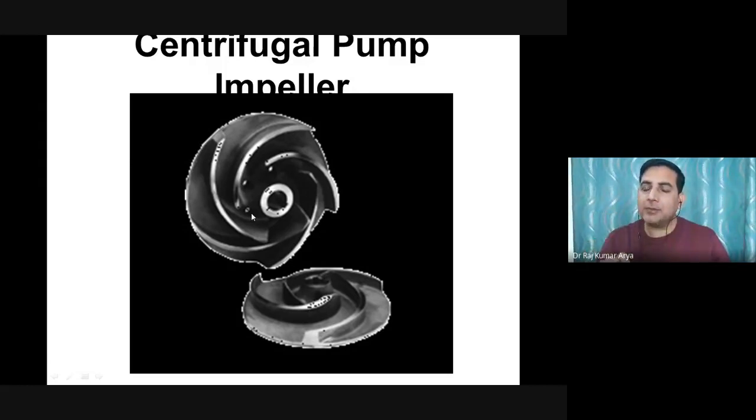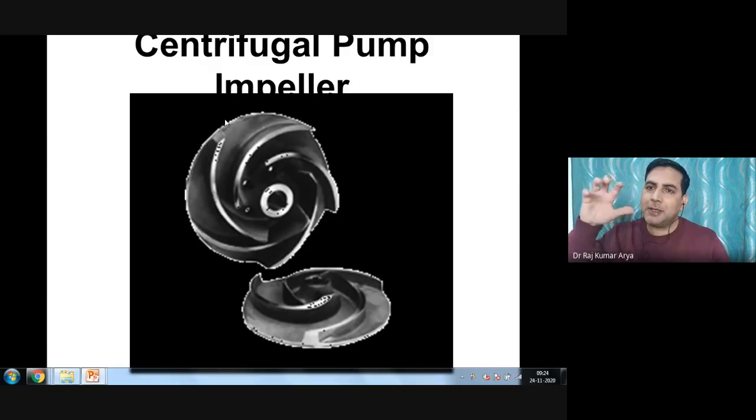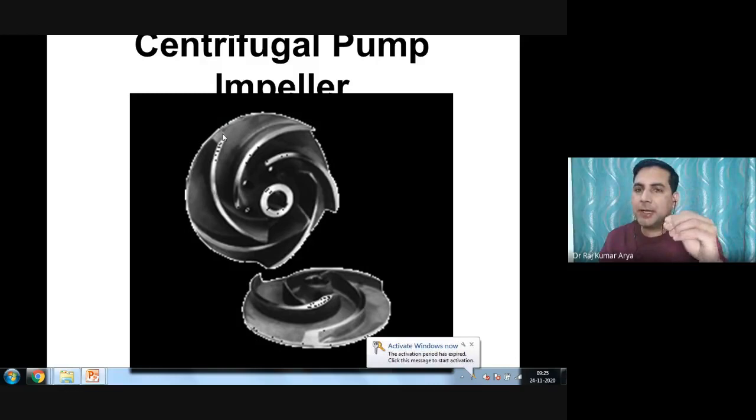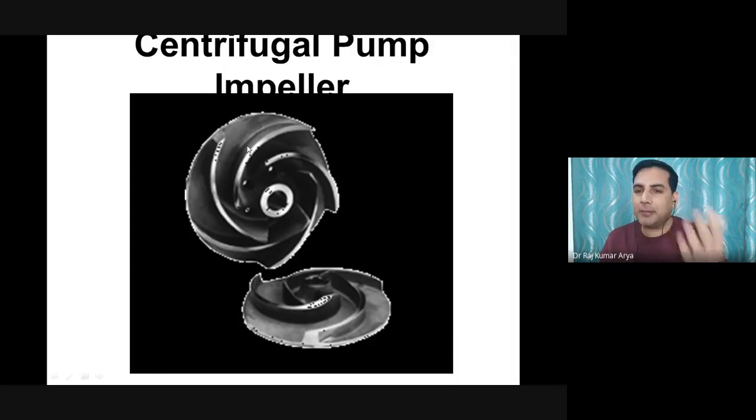Once it is converted to vapor, it moves to a high pressure zone, and then that vapor collapses. Vapor collapse means you have a vacuum inside, and the nearby fluid rushes at a faster rate into it, like the impact of a jet, and finally hits the metal surface. That hitting is called pitting, and over a period of time it erodes the whole surface of the impeller. Finally it gets damaged. That is due to the cavitation phenomenon.